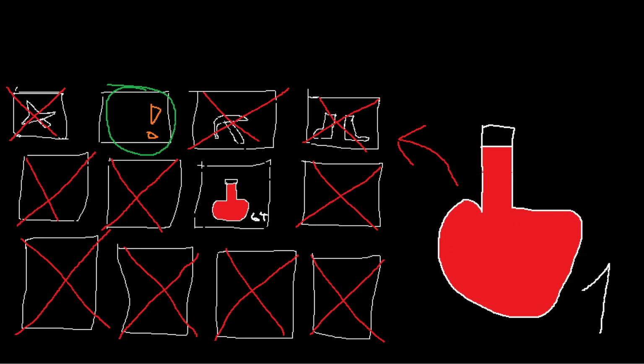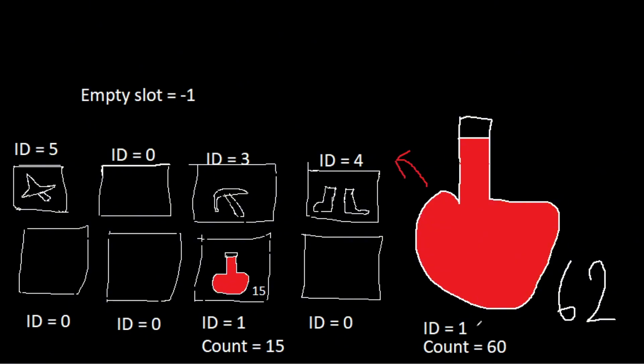Now let's look at it from the perspective of a program. See, each slot has an ID and count, so I'll quickly go over them. These two don't have the same ID, so I skipped it. Here's an empty slot with the ID of 0, so I'm going to remember that for later. These slots have different IDs, so let's skip over them.